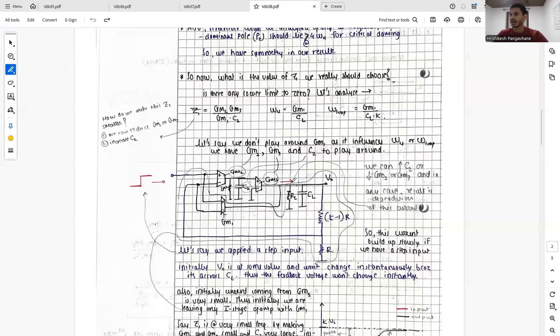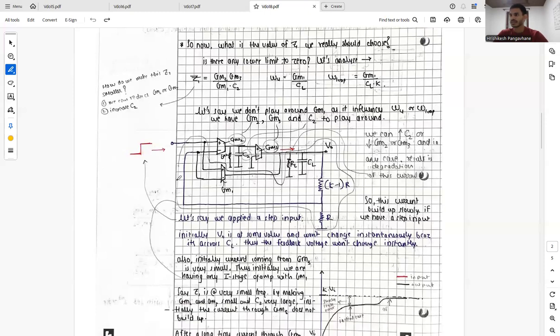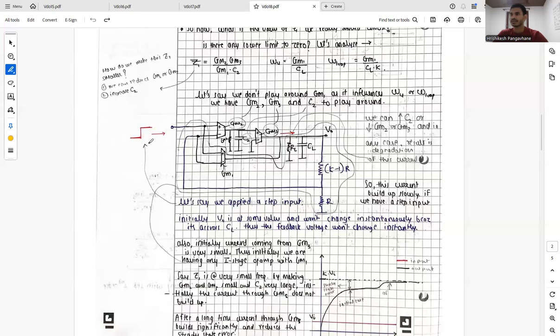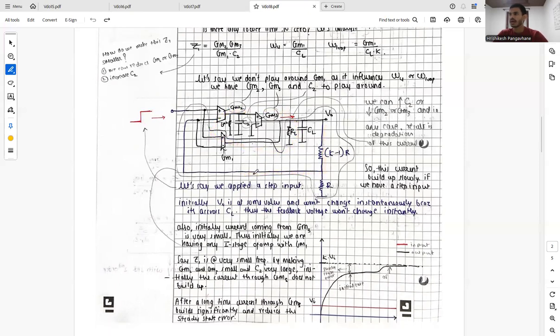And if we apply a step input at the input of this topology, where this is our op-amp placed in a negative feedback loop, initially v naught is at some value, and it won't change instantaneously. Let's say v in was at this value and v naught had some value.